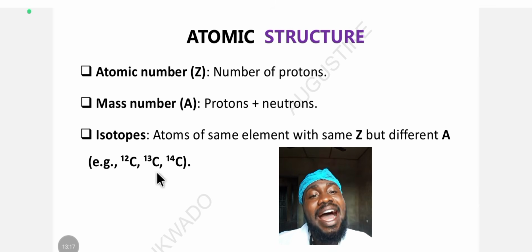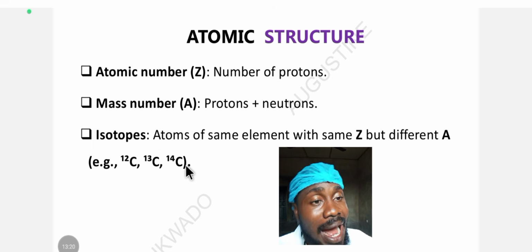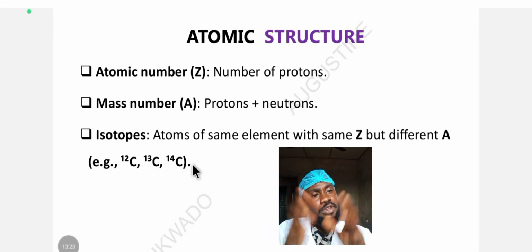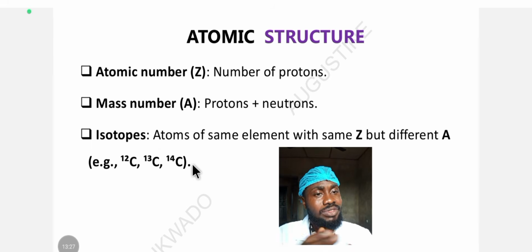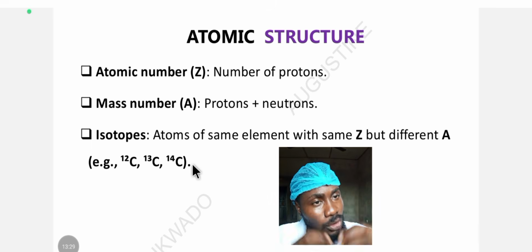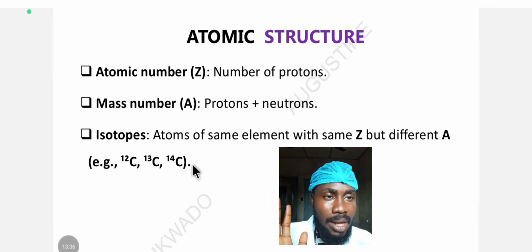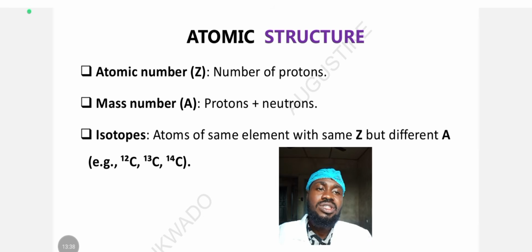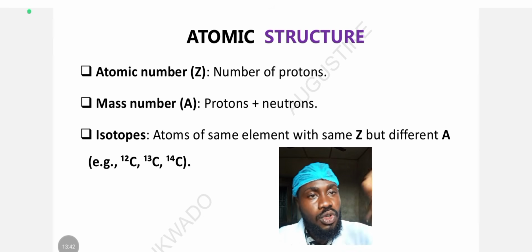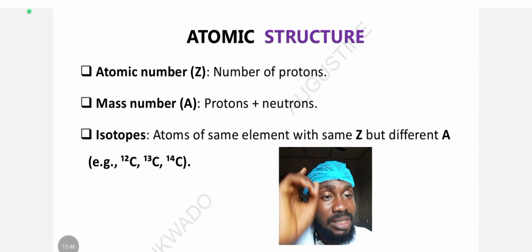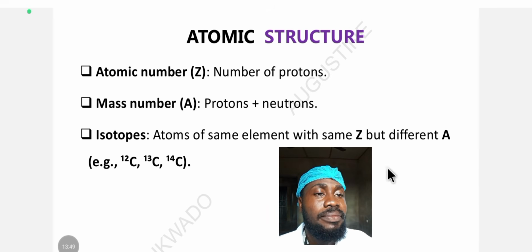So all these isotopes you see here have 6 as atomic number, but the mass numbers are different. So isotopy is a phenomenon whereby atoms of the same element bear the same atomic number but different mass number. Isotopes are atoms of the same element that have the same atomic number and different mass number.